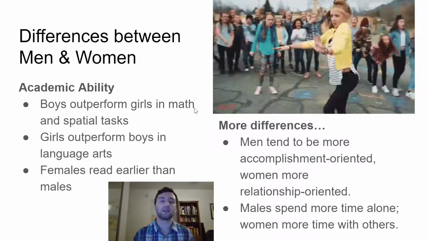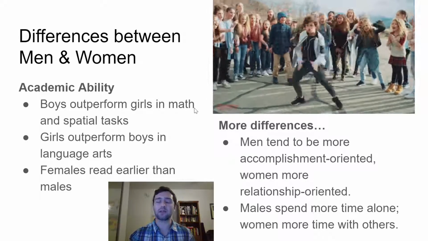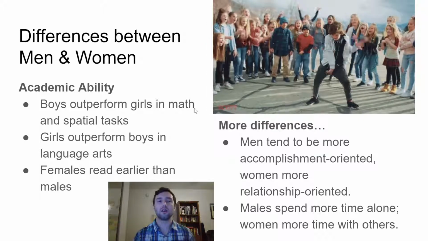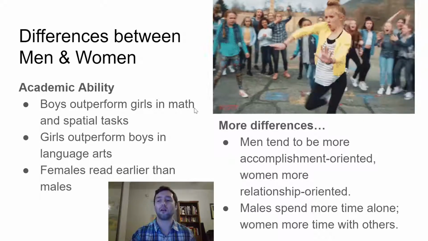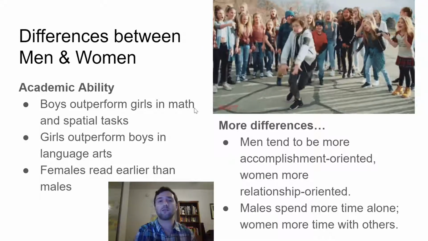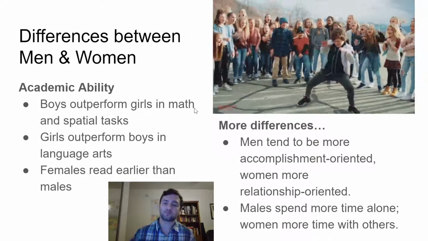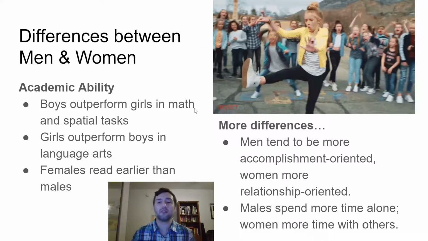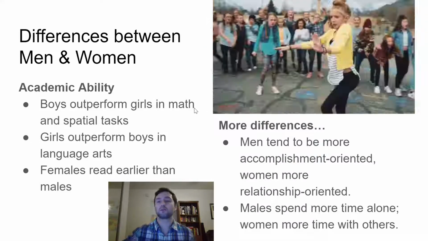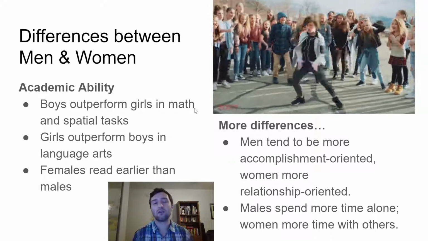Not that they're not also going to care about getting things done and achieving things, but there's more of a focus on things going well, on interactions with people, on groups being effective and working together and getting along. We do also see that men tend to spend much more time alone, where women will spend much more time with others.